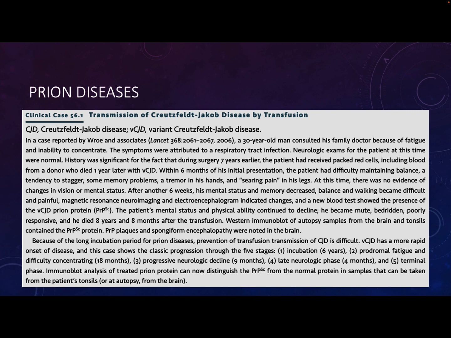You have to do a protease digestion and see if you get a lack of breakdown. So that's how you can diagnose it. And that's a relatively new diagnostic tool. Prior to that, it was, we think you probably have a prion disease, and you're probably going to die soon, and we'll know for sure that you had a prion disease after you died.